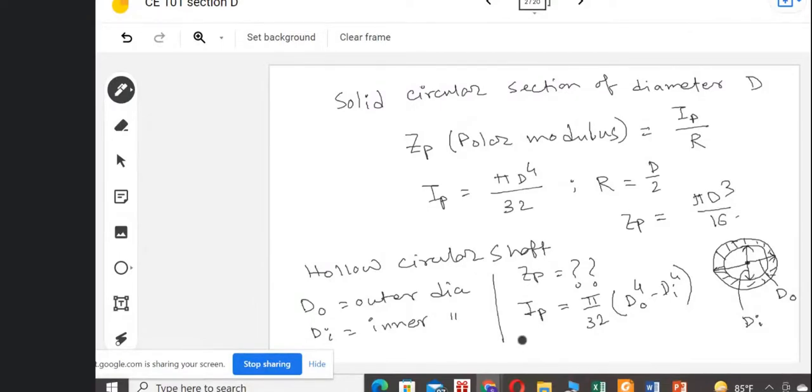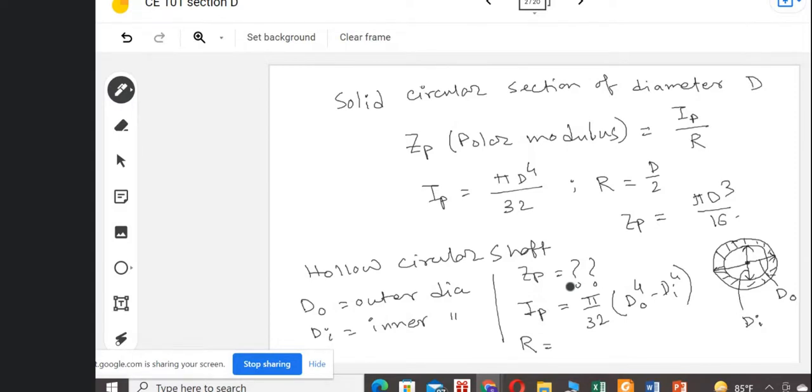Now, what is the R here? Try to think from the definition of R. For this chapter, what was the definition of R? D naught minus di? No, that's why I told you to think about the definition of R. D naught by 2.